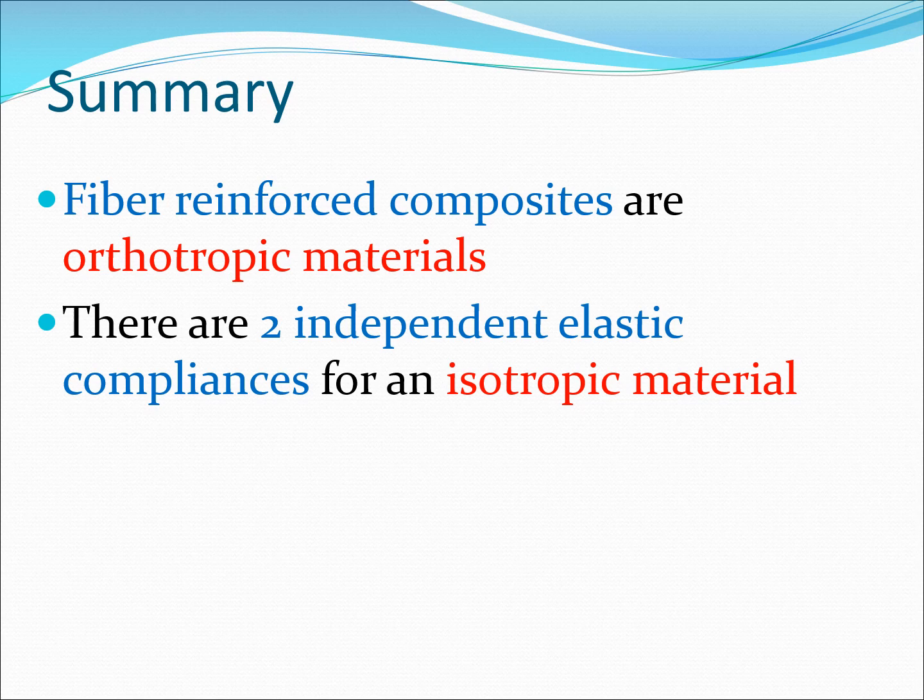And finally we saw that for the isotropic materials you only have 2 independent elastic compliances, and therefore if you know Young's modulus and Poisson ratio, you essentially know the stress strain relationship for the isotropic material. So these are enough for you to estimate stress if you have been given strain, or to estimate strain if you have been given stress. The third value, which is G, can be calculated if you know E and mu.